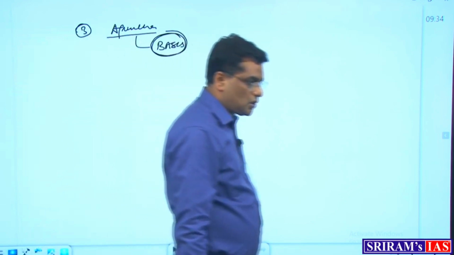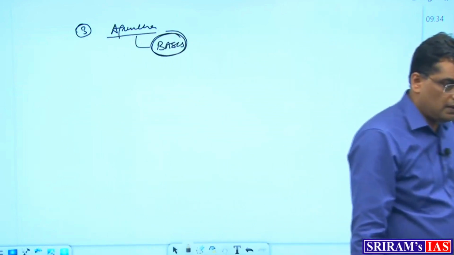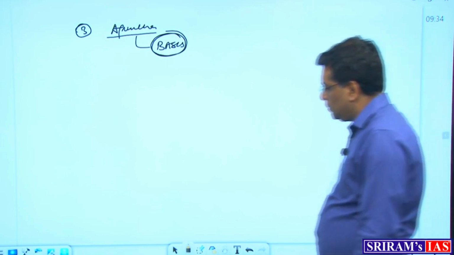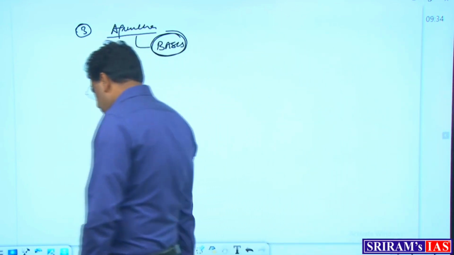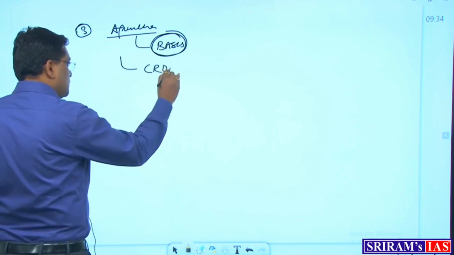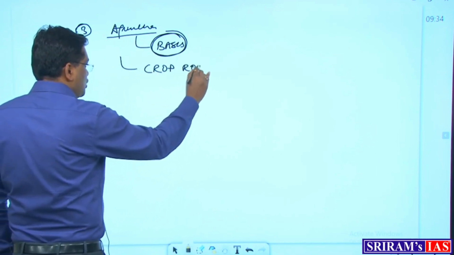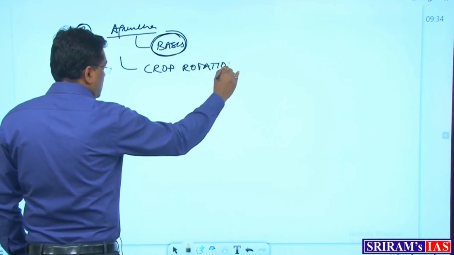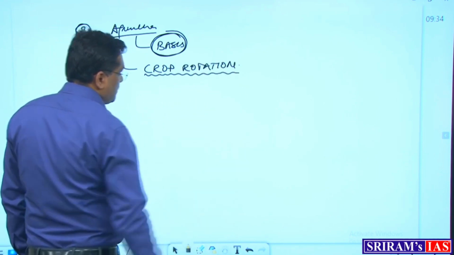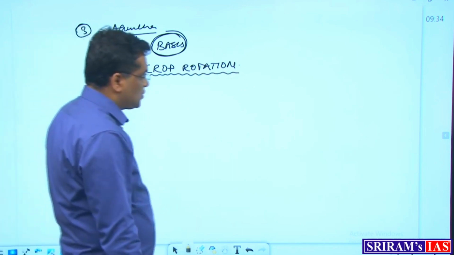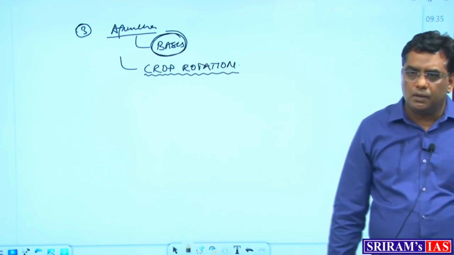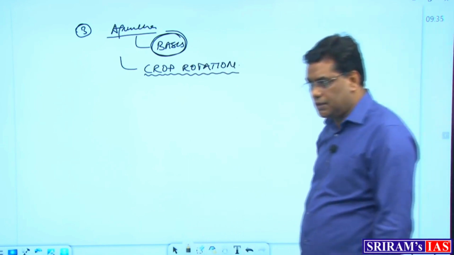Harappans knew crop rotation, means Rabi, Kharif, Zaid.